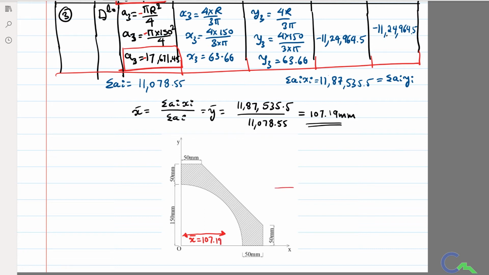Y bar is also same value, that is y bar is equal to 107.19. Then I can draw the horizontal centroidal axis, I will take it as xx, and vertical centroidal axis, I will take it as yy. It is going to coincide at some point, I can take that as CG. This is the final figure for this problem.